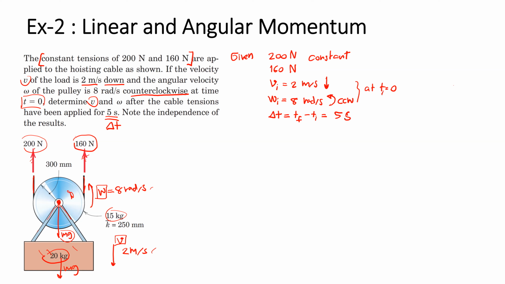What we need to find is the velocity at final and the omega at final condition after 5 seconds.